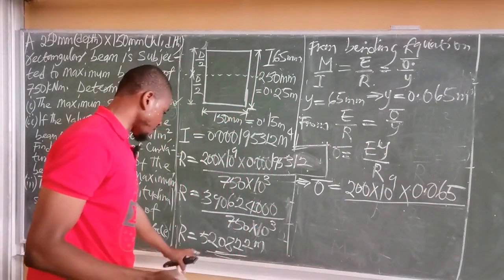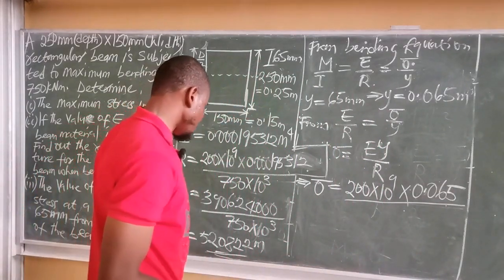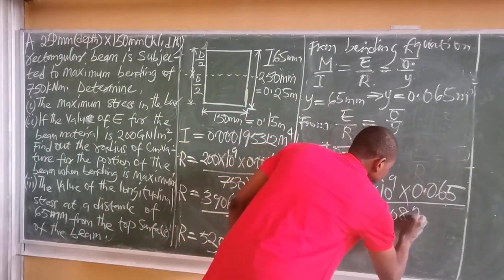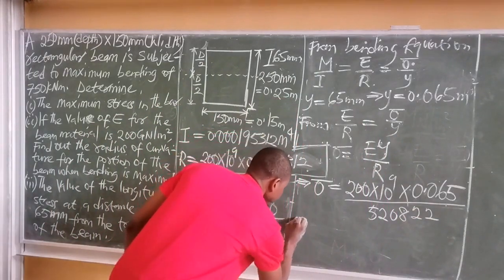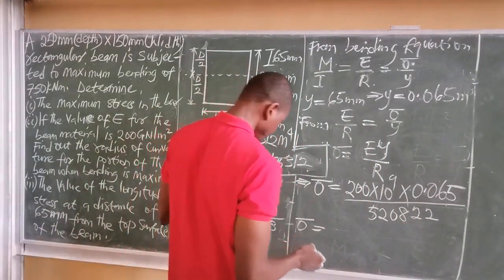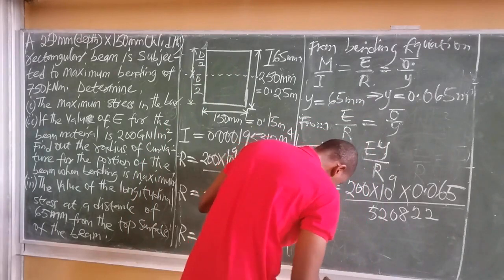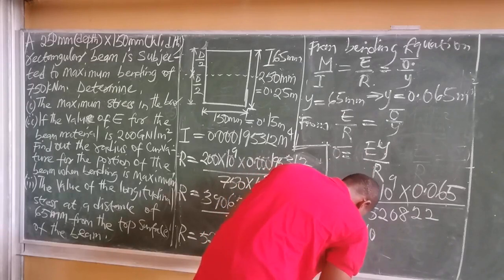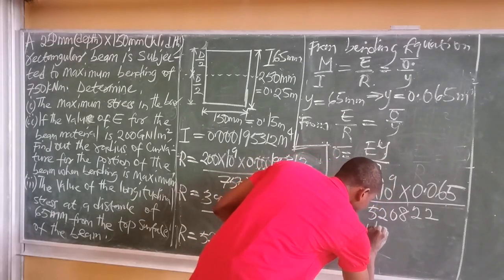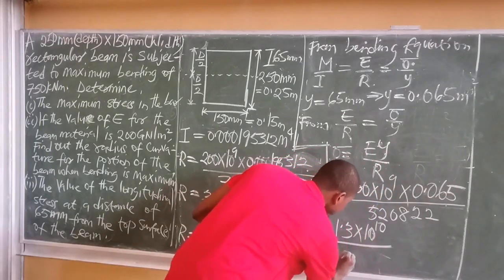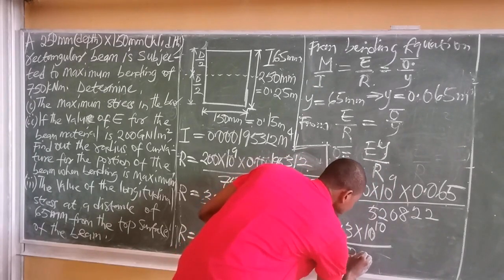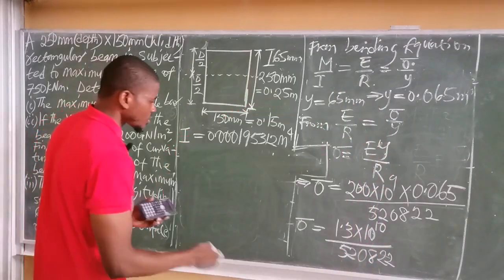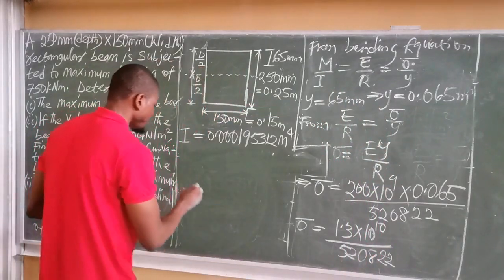The radius of curvature was obtained as 520822. So stress is now equal to 1.3 times 10 to the power of 10 all over 520822.